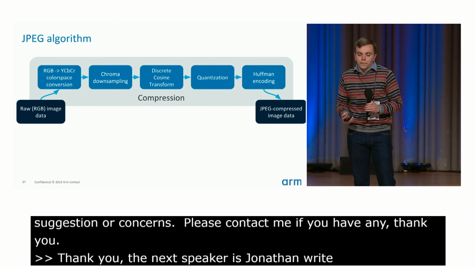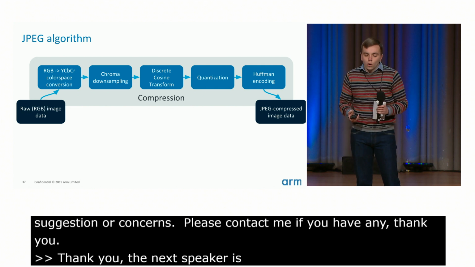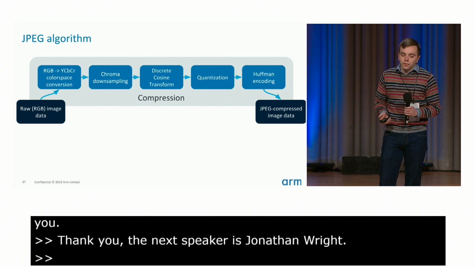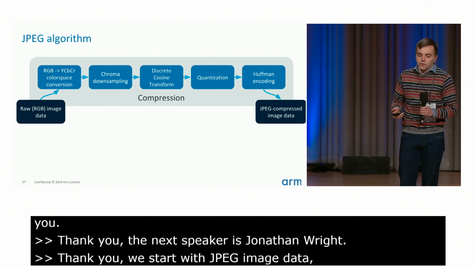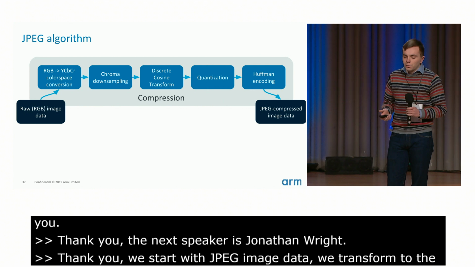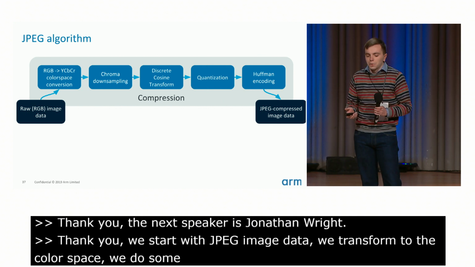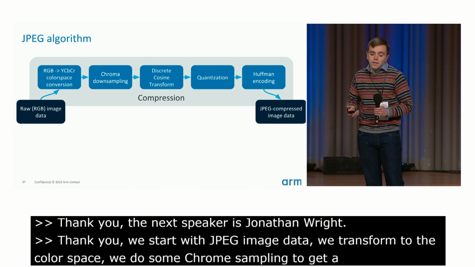So just a quick overview of the JPEG algorithm. You start off with raw RGB image data. You transform to the YCbCr color space, so that's luminance and chrominance. We then do some chroma downsampling, so we can get away with throwing away some color data because human eyes see color data less well than light intensity.